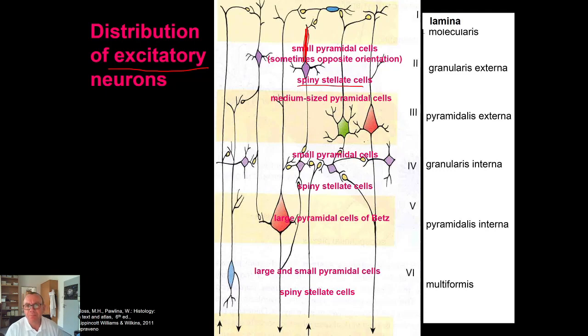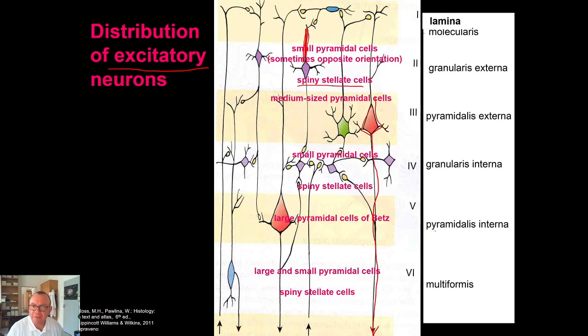The third layer, lamina pyramidalis externa, should contain medium-sized pyramidal neurons having normal orientation, so their axon is going down to the white matter. And also some inhibitory interneurons are here. The lamina granularis interna contains again some small pyramidal cells and also spiny stellate cells.